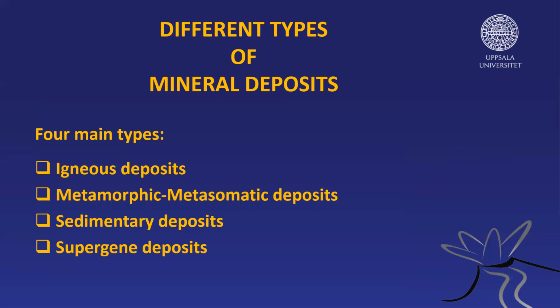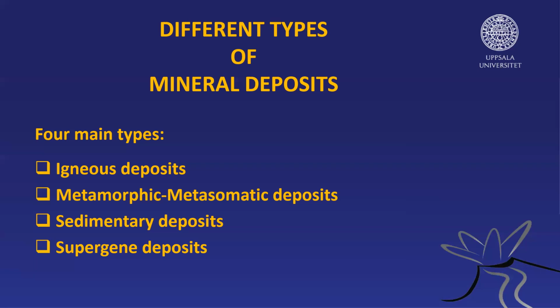Their formation is directly connected to a magmatic body. We have also the metamorphic metasomatic deposits. That's a huge family of different deposits. They are associated with a heat source. We will talk about that a bit later.